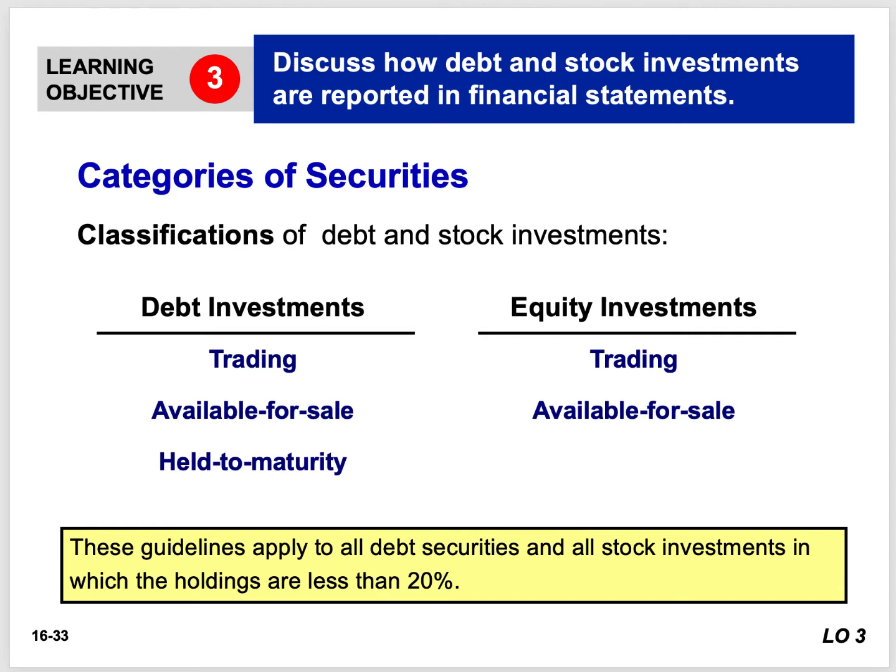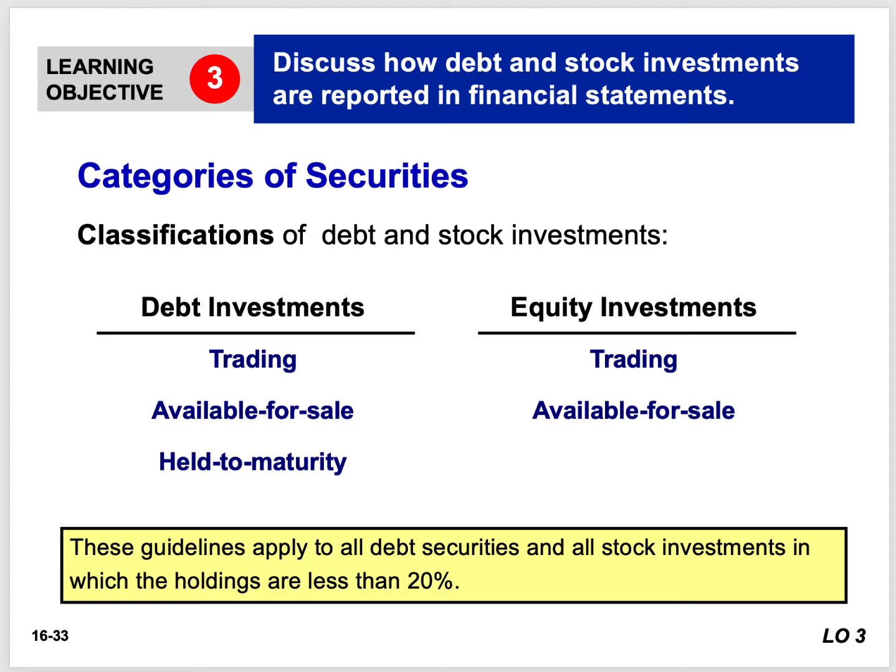When we're talking about trading securities, these are securities that are bought and held primarily for sale in the near term to generate income on short-term price differences. So think, and I'm sure you guys are familiar with penny stocks.